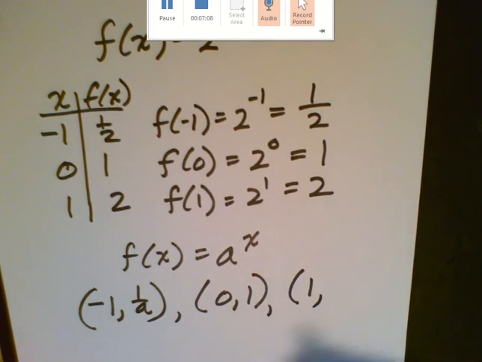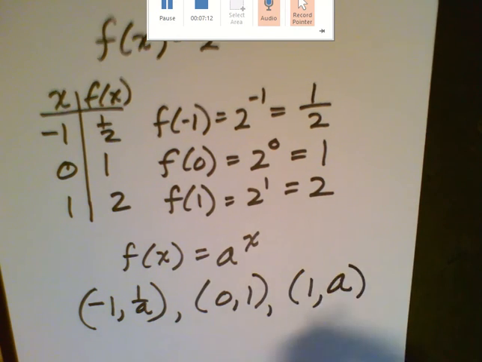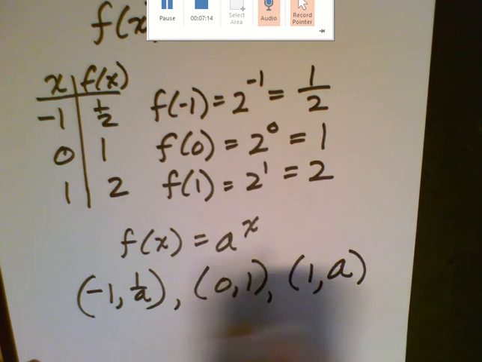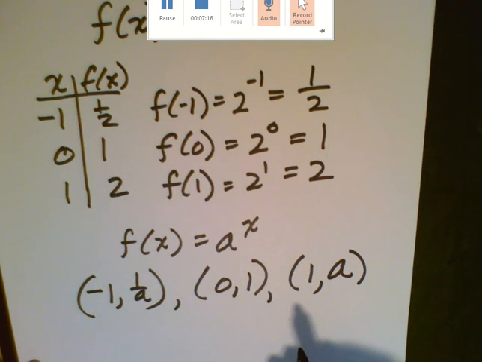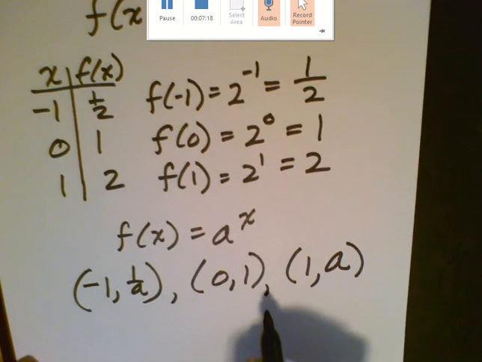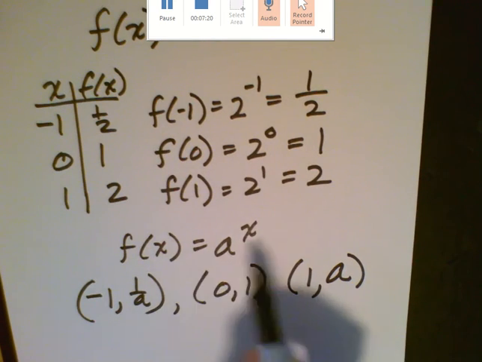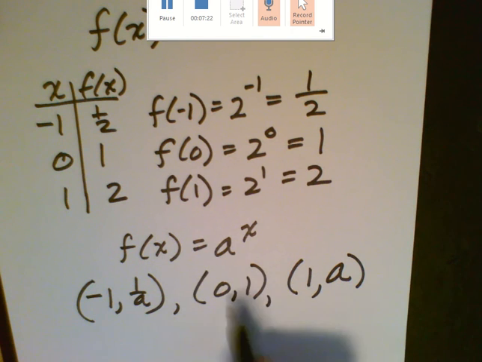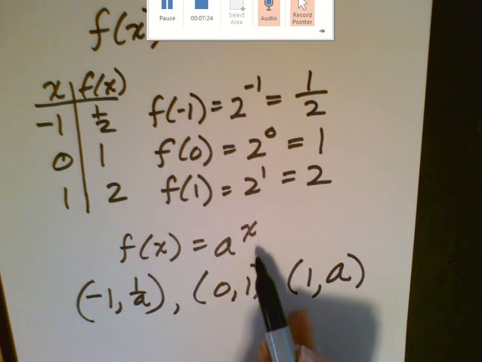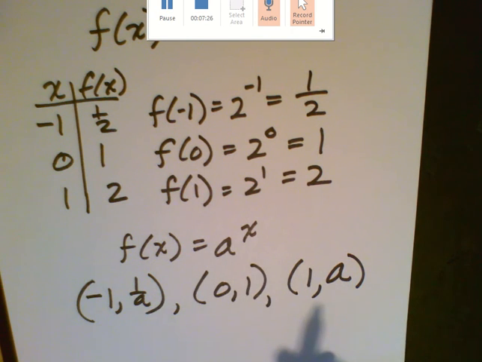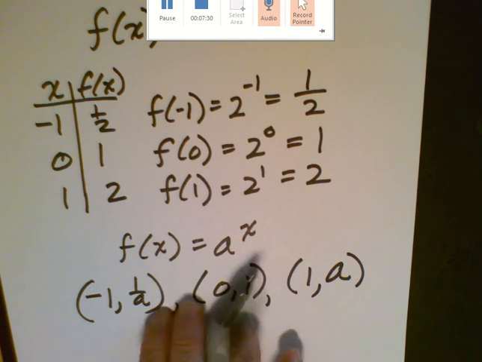And when you put in 1, you're going to have whatever your base is to the first power. These 3 points are on every graph of this basic function. So to use transformations, we'll look at what our base is. These would be on the basic function. Now, what is the transformation implied? I'll work some of those in the next video.